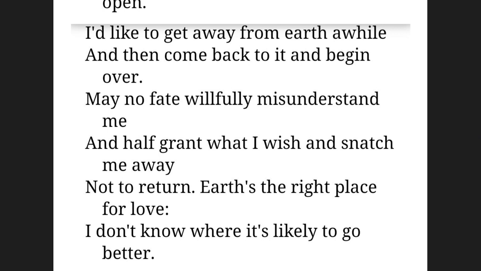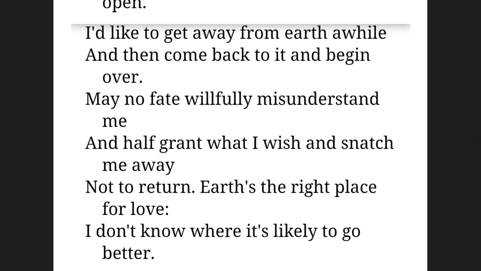I also want to come back. Let fate understand that I want to return, not just take me away from here, but also send me back with a new life. I want to be back. I don't want to go away forever. So that's what he means. Half grant what I wish and snatch me away not to return.